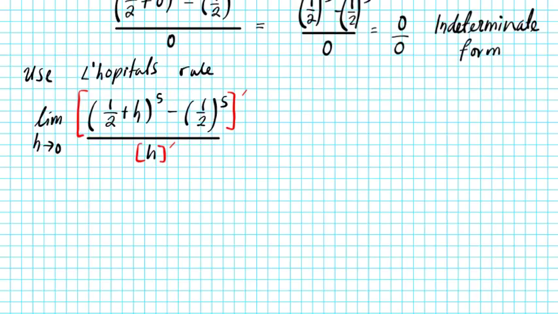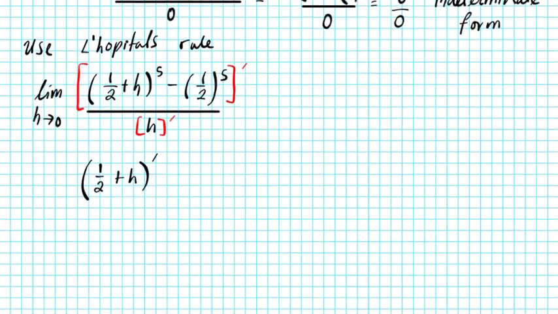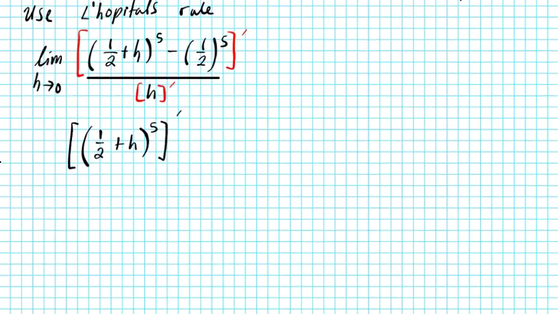So what we're going to do now is focus our attention on this first term right here, 1 over 2 plus h to the fifth prime. What's the derivative of this? It's raised to the fifth power. We're trying to find the derivative. Now, since this is a composite function, we're going to make use of the chain rule. Okay?